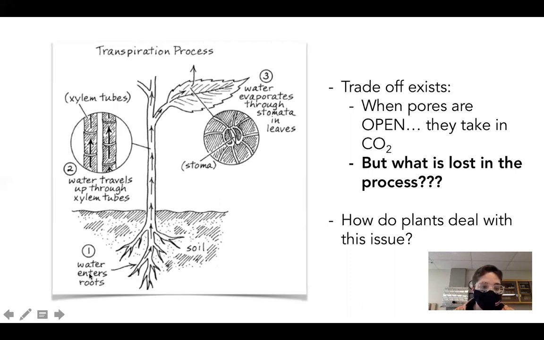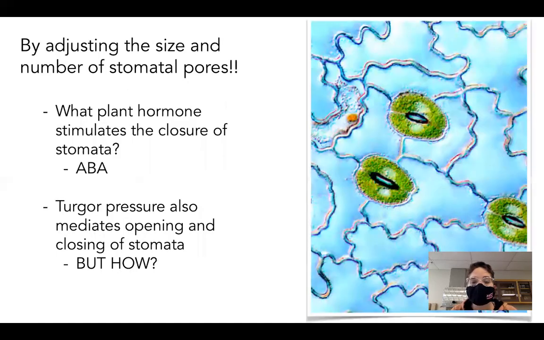This is just a diagram of how the water enters the roots, travels up through the xylem tubes, and then evaporates out through the leaf. Plants deal with this issue of losing water because a plant doesn't want to lose all of its water at once, because then it'll wilt and die. Plants deal with this by adjusting the size and number of stomatal pores that they have.